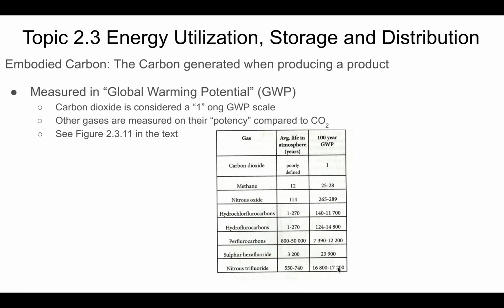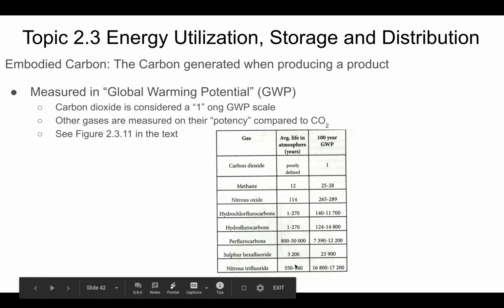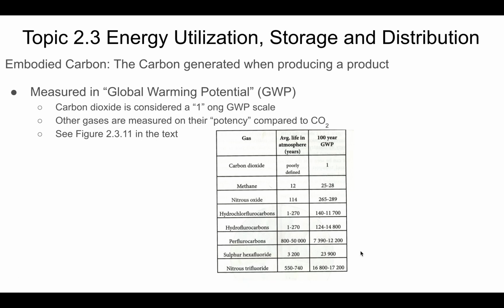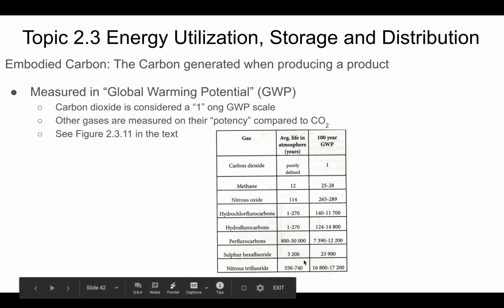That stuff gets into the atmosphere, it stays in for 500 years, and 1 kilogram of this stuff pumped into the atmosphere is worth basically 16,800 to 17,200 kilograms of carbon dioxide. So it's quite a potent gas.